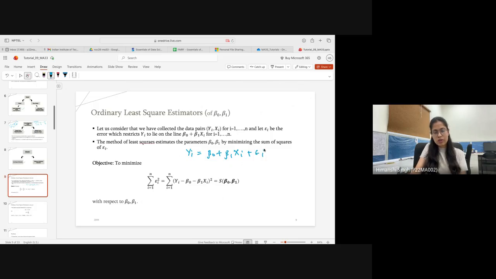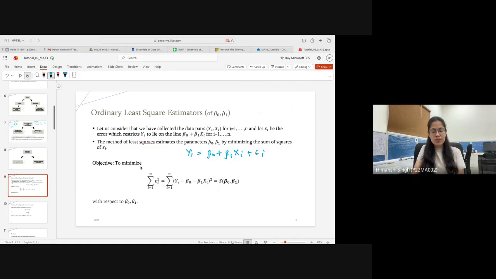Now you can see that this is basically a function of beta naught and beta 1. So I can minimize it with respect to beta naught and beta 1 in order to find the estimates of beta naught and beta 1 on the basis of this sample of yi and xi's.